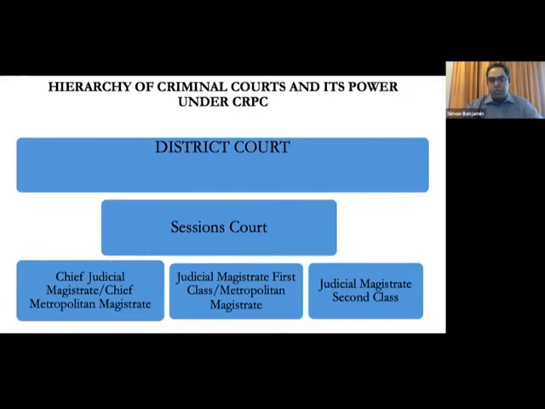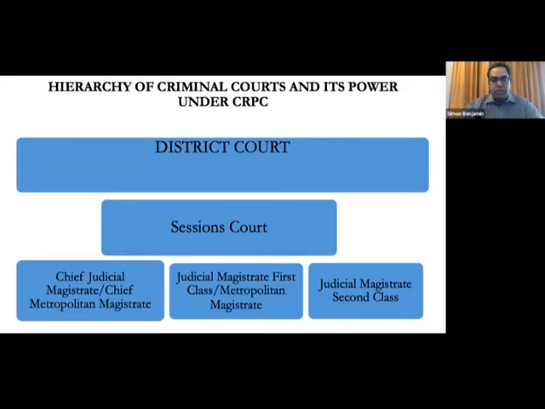Before that, we would have these judicial magistrates second class and judicial magistrates first class operating in these courts in Delhi. Since then, because it got declared as a metropolitan area, there were only metropolitan magistrates operating in Delhi, which is why we have metropolitan magistrates and chief metropolitan magistrates in these courts.